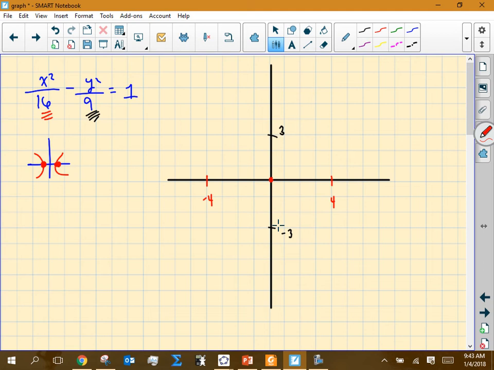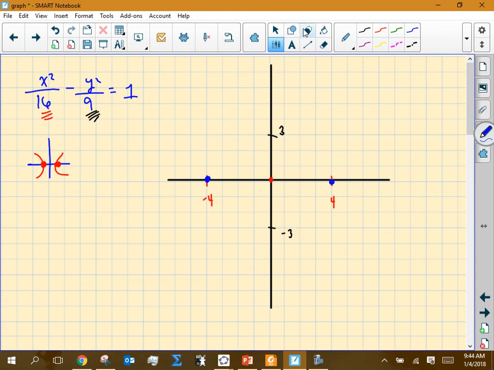Okay? Now we're going to do something that's going to help us develop the end behavior of these hyperbolas. Because right now, we've only got essentially that point and that point of an infinite number of points on my curve, and that's really not enough to graph it.